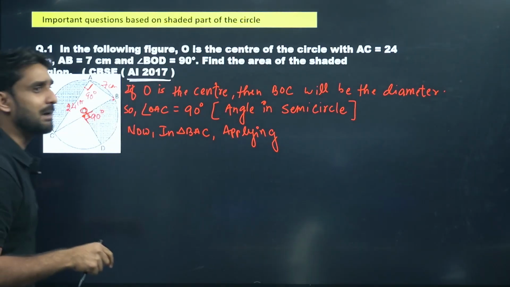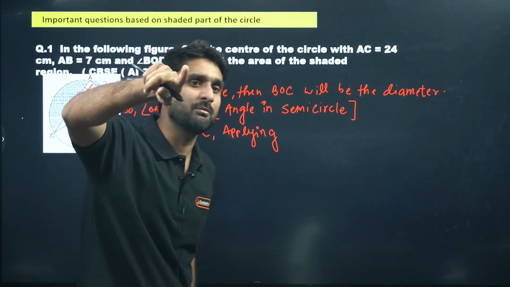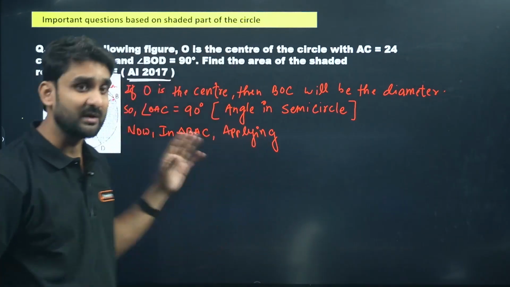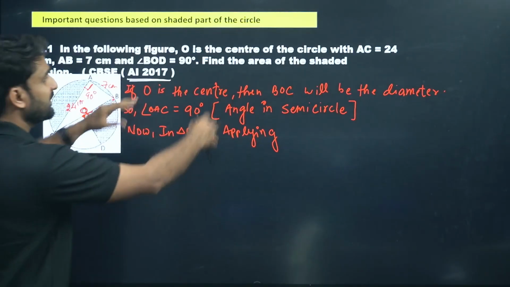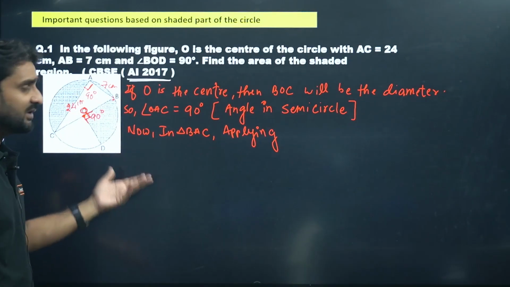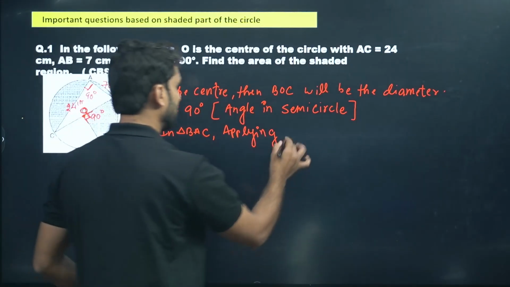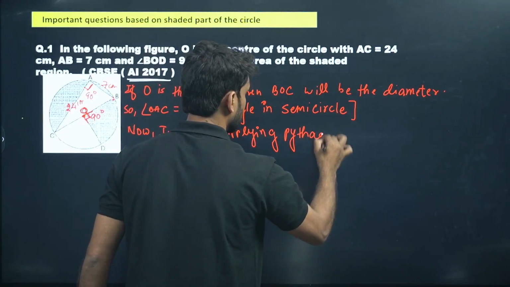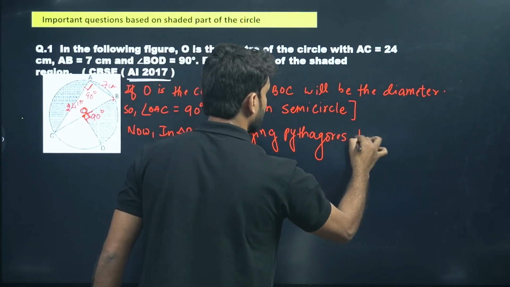Once we calculate the hypotenuse, half of the hypotenuse will be the radius of the circle, and we require the radius. We want the radius. So we are doing this work just to know the value of the radius. So in triangle BAC, applying the Pythagoras theorem.